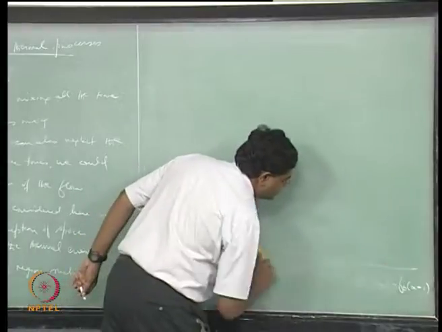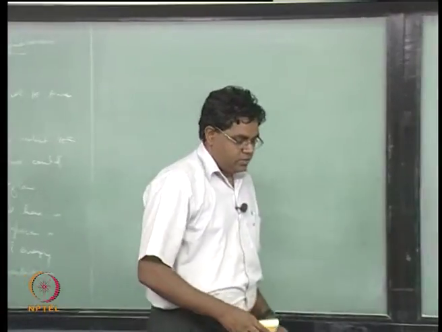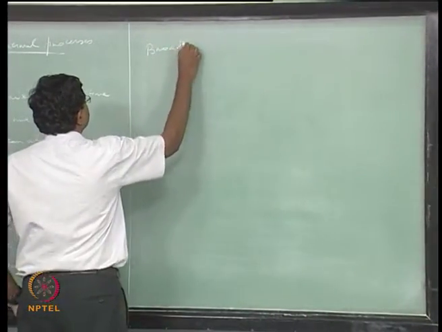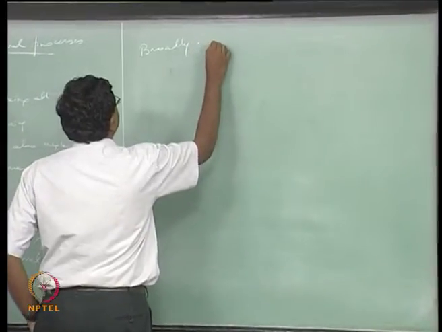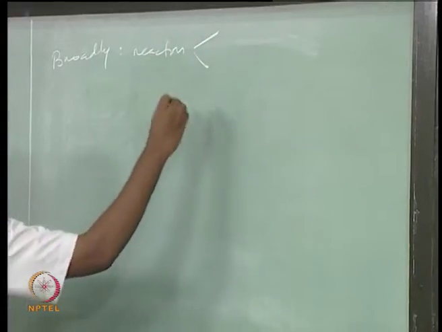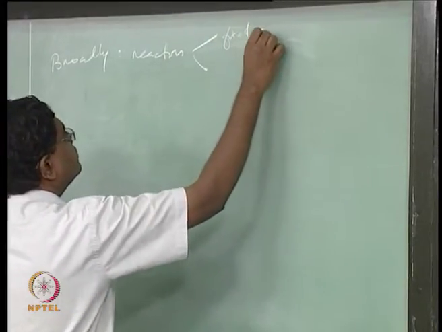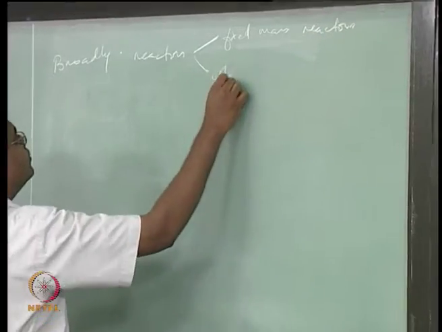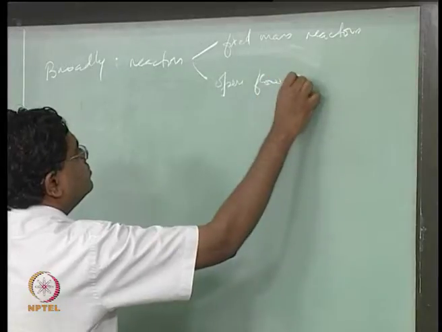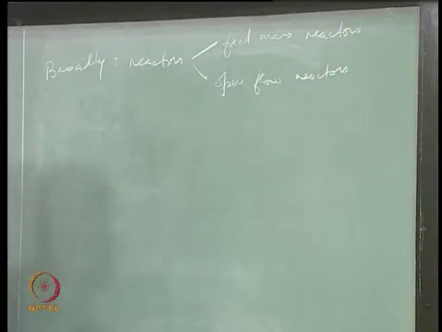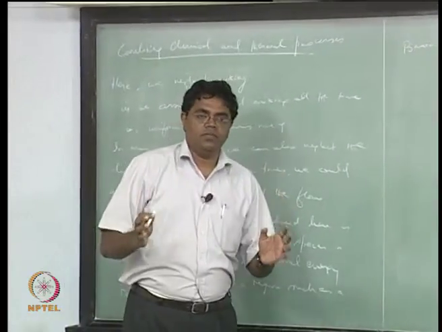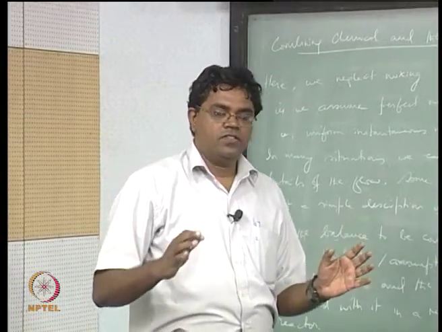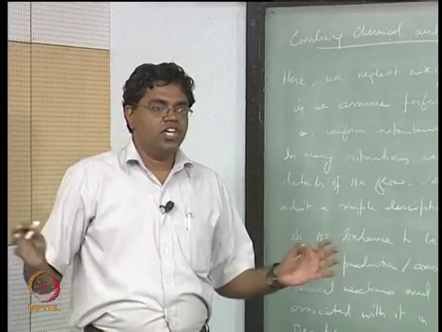Broadly we can say reactors are fixed mass reactors or open flow reactors. A fixed mass reactor means you are taking a certain mass of reactants, allowing the reaction to happen, and the reactants become products, but the mass does not change.